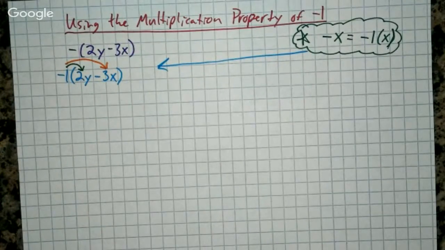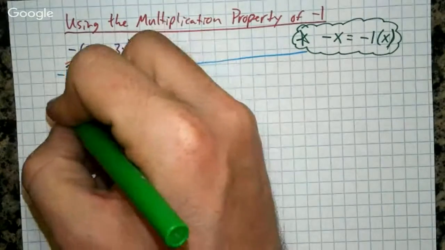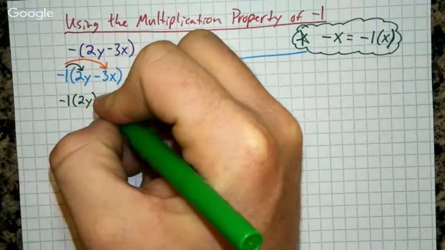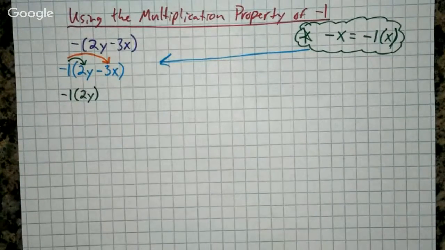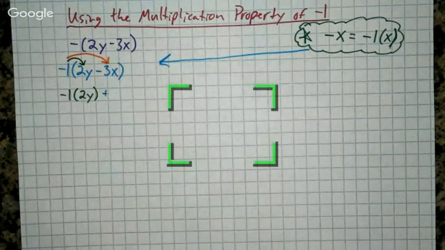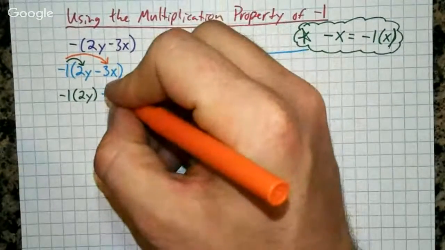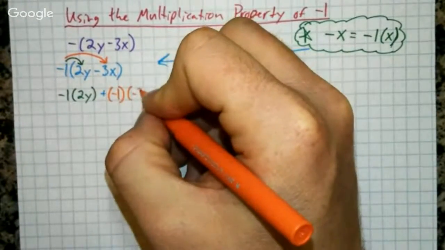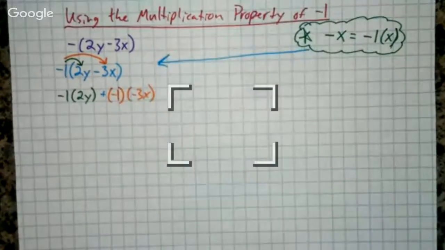which then gives us -1 times 2y plus -1 times -3x.